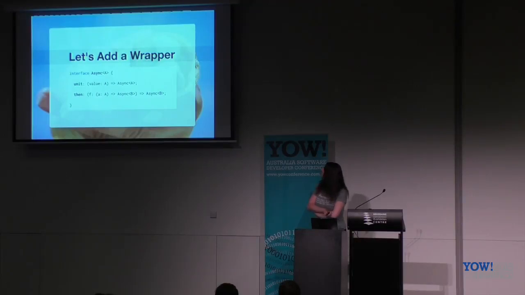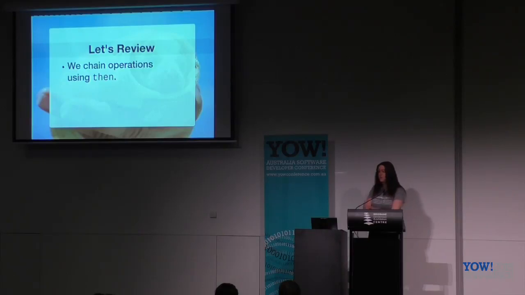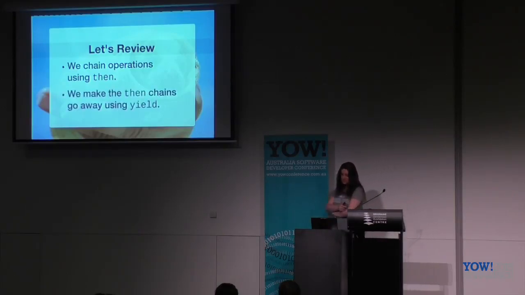And now we've got the shape of the promise. So let's review. We chain operations using then. This is straight promises. We can make the then chains go away using yield, combining it with our run function. And this is where it gets a little more interesting than just promises, because this allows us to forget that we are async, just putting the yield keyword in where you need to actually wait for a value.